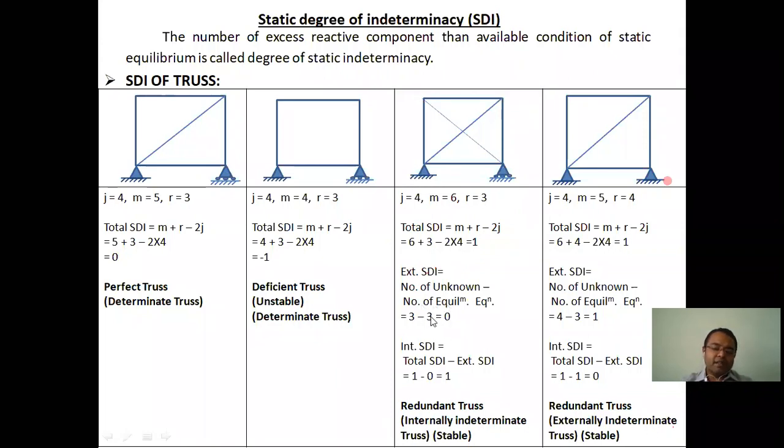Equilibrium conditions are 3: summation Fx equal to 0, summation Fy equal to 0, and summation moment equal to 0. That's why it comes out to 0. So external HDI comes out to 0.